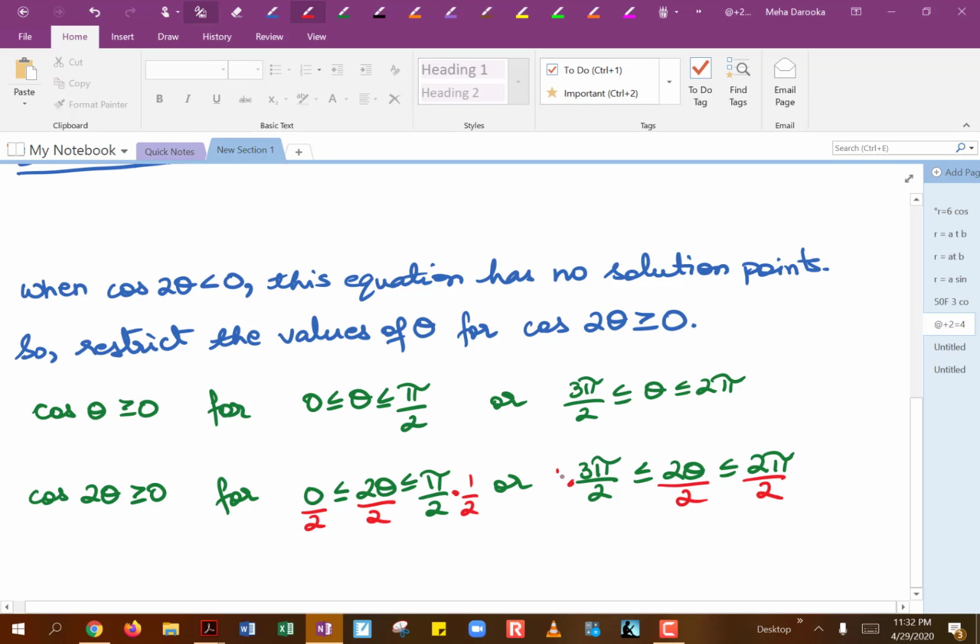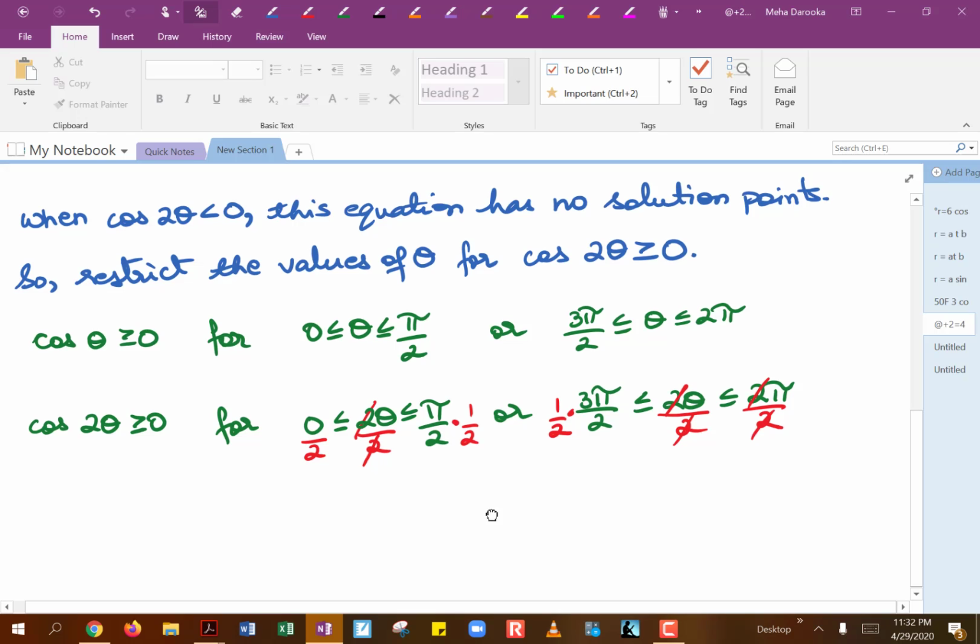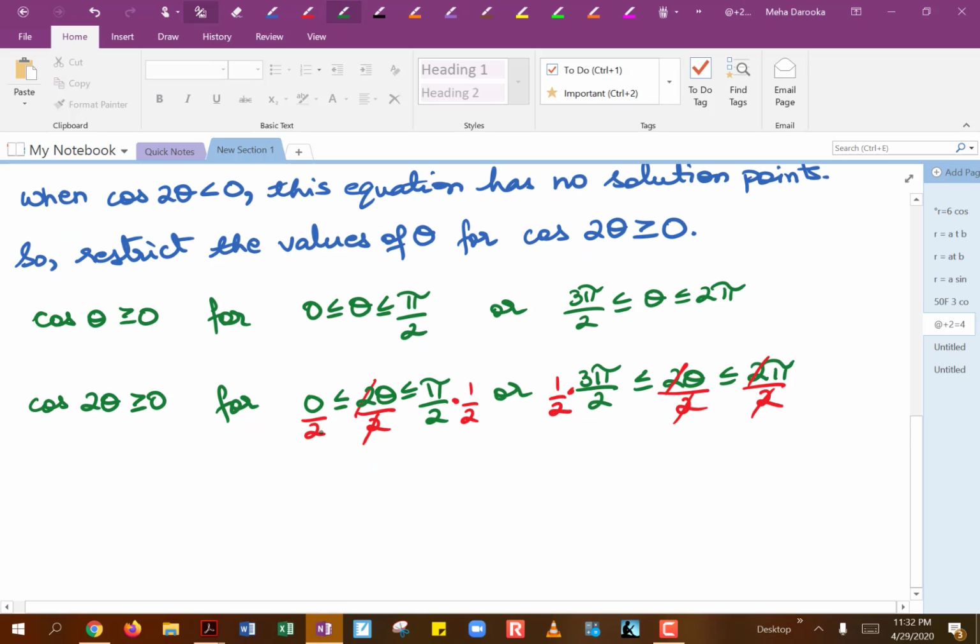So 2 and 2 will cancel out, and we will be left with 0 divided by 2 is 0, less than or equal to theta, and then pi halves multiplied by 1 half will give you pi over 4, or 1 half multiplied by 3 pi halves will give us 3 pi over 4.